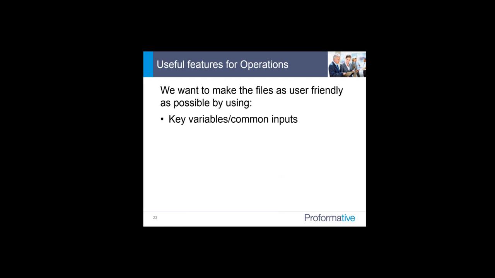Well, we can use key variables and common inputs. So, for example, like that healthcare cost per person, payroll taxes and so on. We want formula-driven outcomes. So we want to put in what are the decisions, what are the inputs, and then have formulae drive the answers for us so that we're not having to sit down and rework and rework. We can use linkages between files.